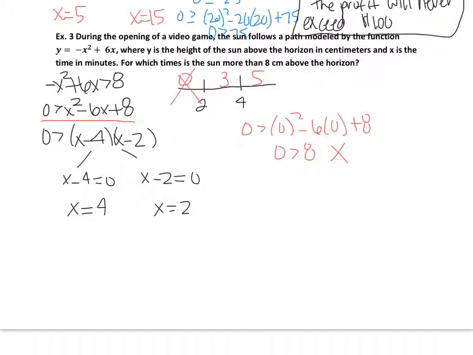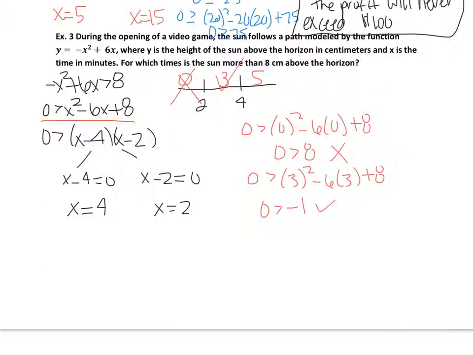And then I'm going to plug in 3. So 3 squared minus 6 times 3 plus 8. That is going to give me 0 is greater than negative 1. Now, is that a true or a false statement?